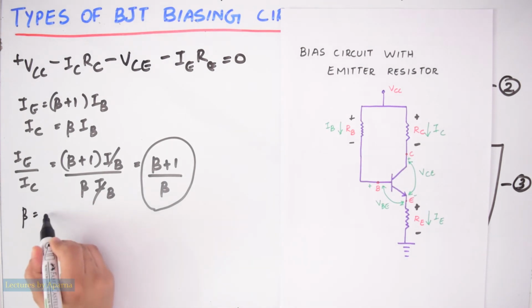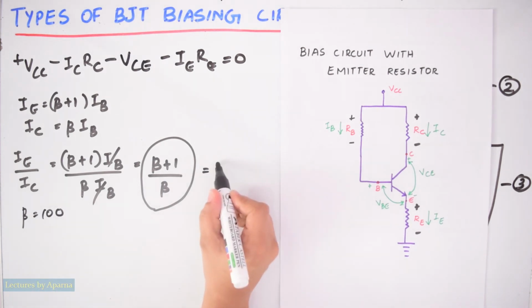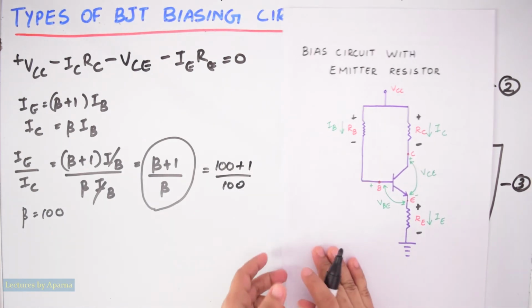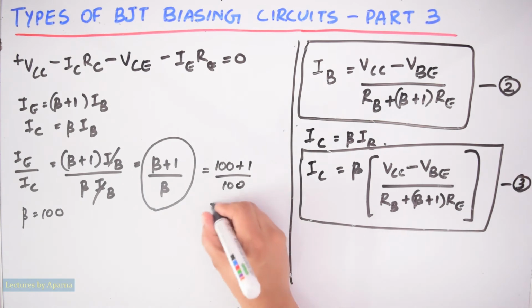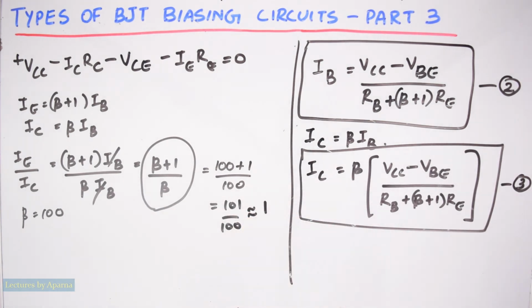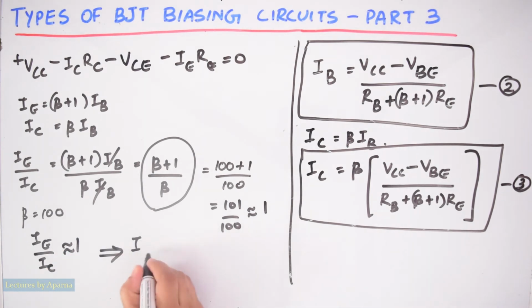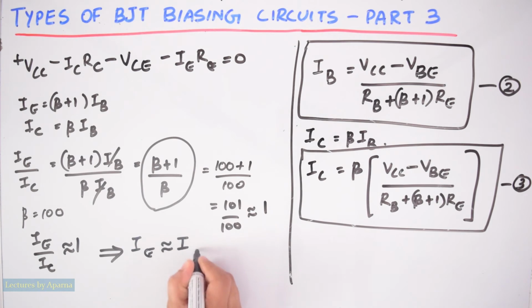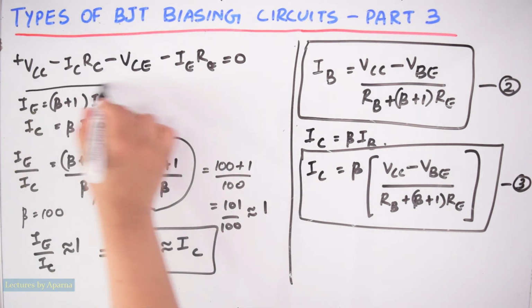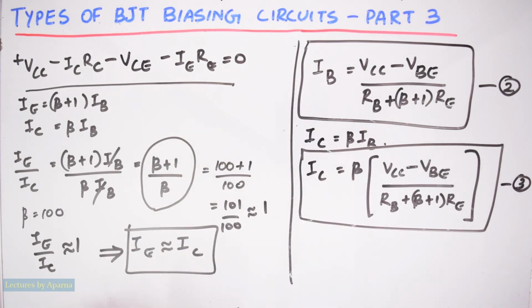Suppose if beta is equal to 100, this will be 100 plus 1 by 100, which is equal to 101 by 100. So this is almost equal to 1. So we can write IE by IC is almost equal to 1, from which we can write IE is almost equal to IC. So if we substitute IE equal to IC in this equation, we will get it like this.